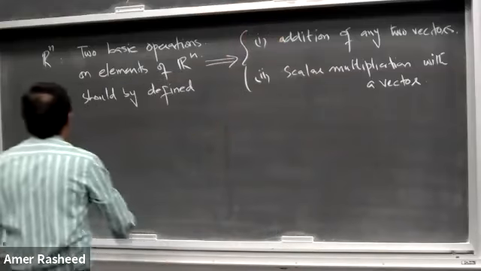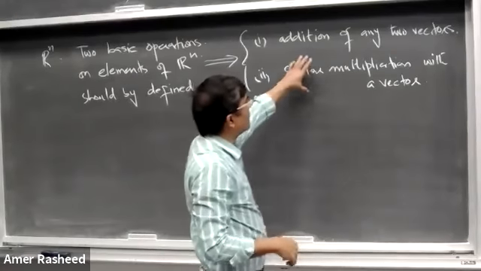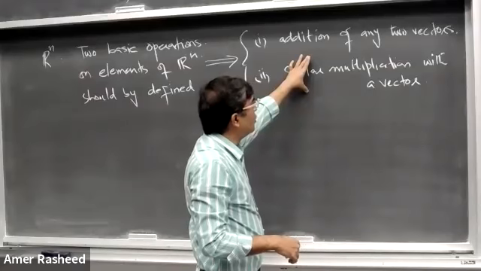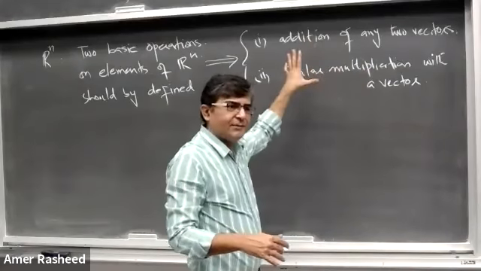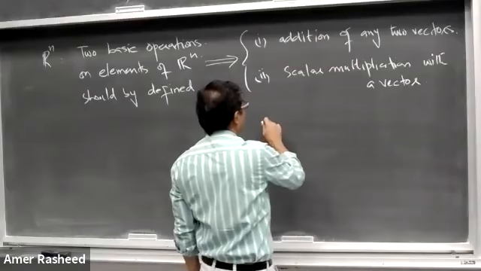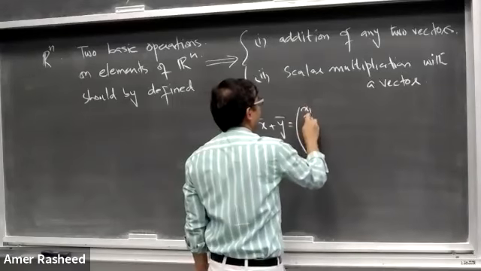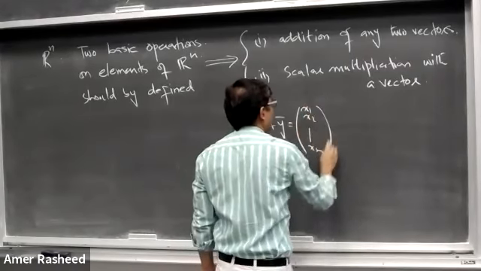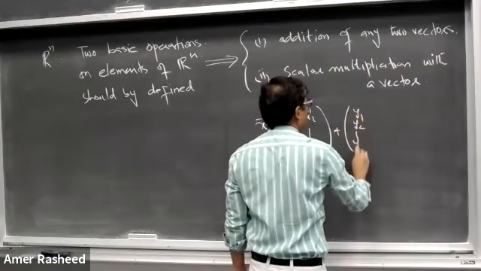Now, in order to write the properties of scalar multiplication, we need to know how the scalar multiplication is performed in this space Rn. How did we define addition? I hope you know, we defined it. It was (x1, x2, so on xn) plus (y1, y2, so on yn).